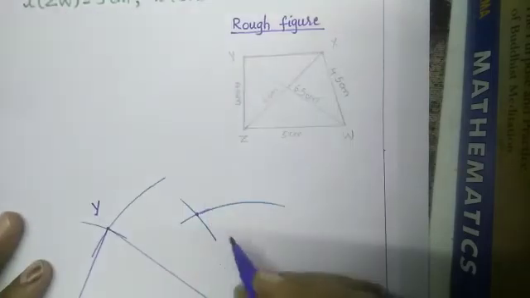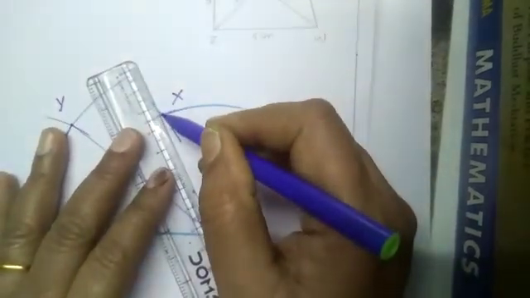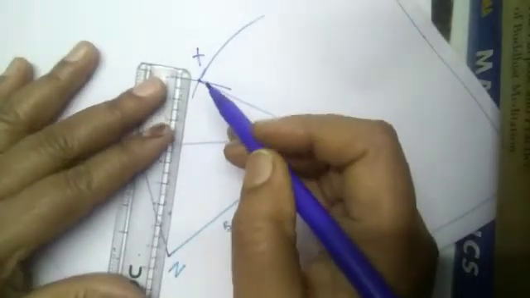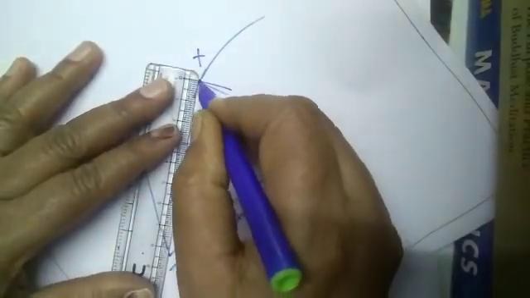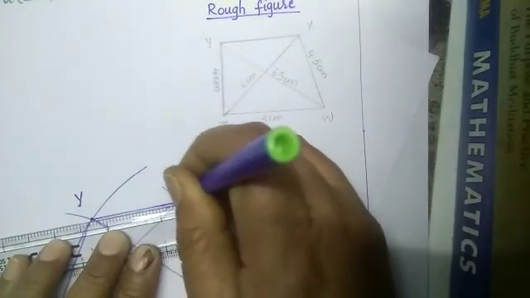Put this point as X. In this way, join X to W and again join X to Z also. Okay. And now what is left? XY. We have to join XY also. So join this. Now write down the measures.